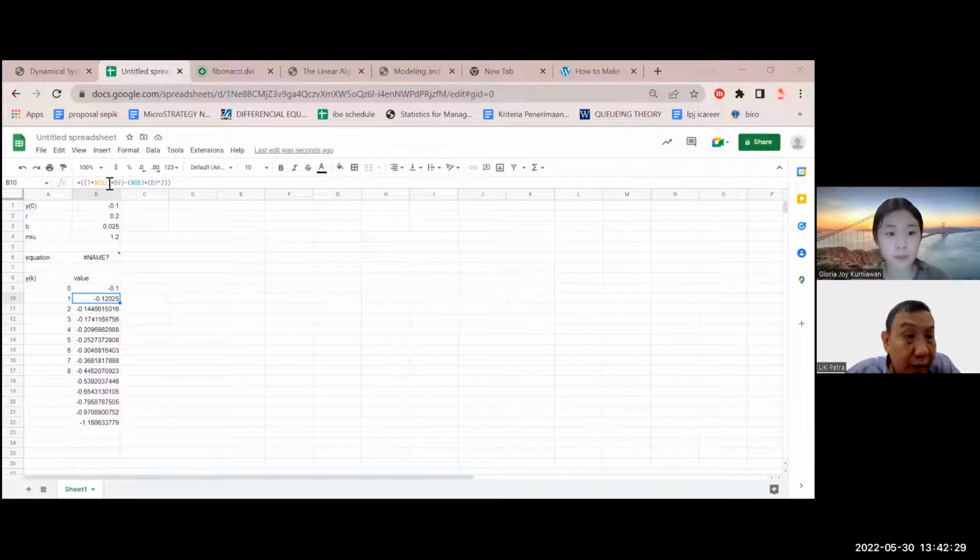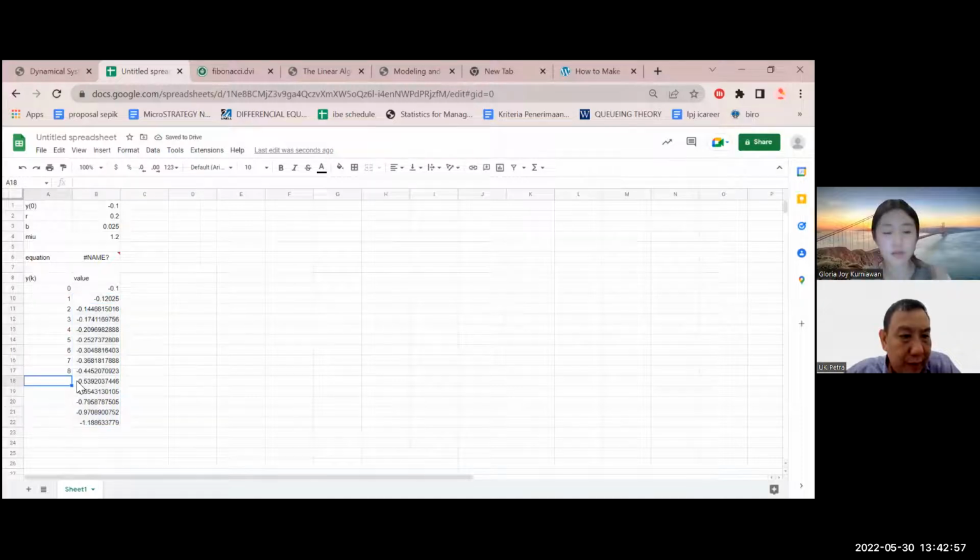And then this one is 1 plus R, and then multiplied by the earlier one, minus P underscore, multiplied by the earlier square. Correct. Very good. Then you just copy it out.